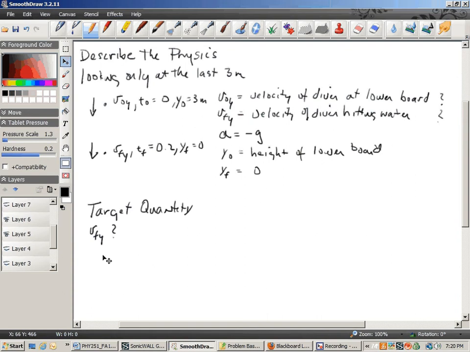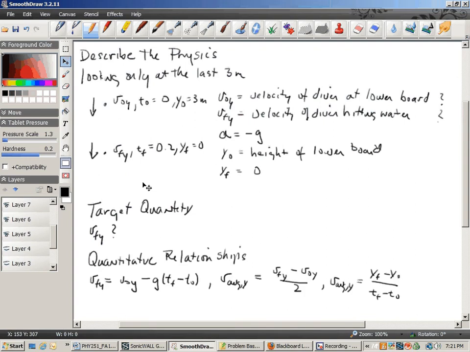Now we want to decide on our target quantity. Our target quantity, of course, is vfy, the velocity of the diver as she hits the water. Now, we want to ask, what are the quantitative relationships that play into this problem?